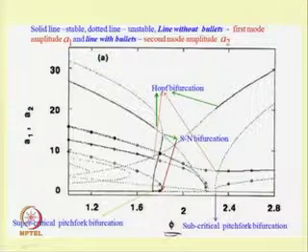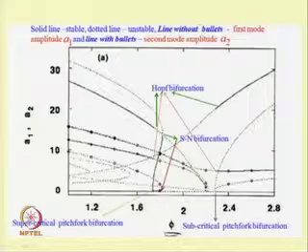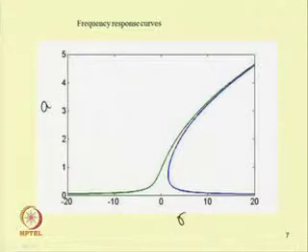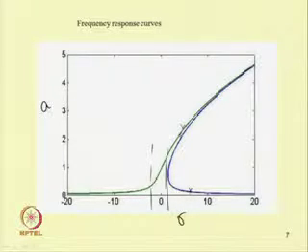The question arises how to find these branches, as in the Duffing equation frequency response curve that we have seen. For certain parameters we have only one solution, and after that we have 1, 2 and 3 solutions. After this value, we have 3 solutions, or 3 branches.